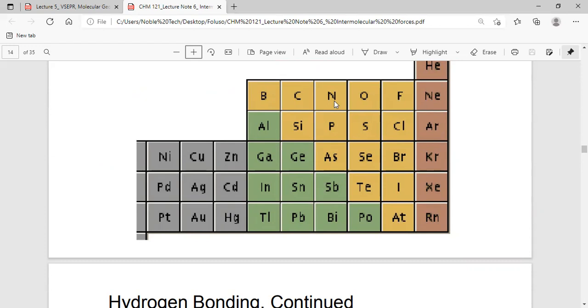As a result of that, these three atoms, nitrogen, oxygen, and fluorine, are the atoms with high electronegativity.